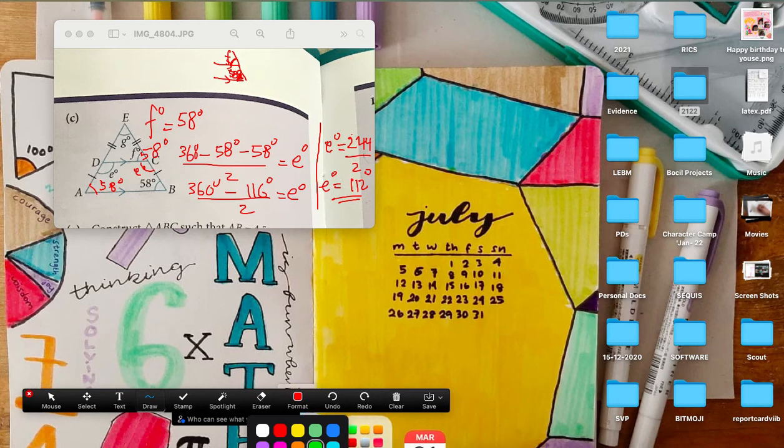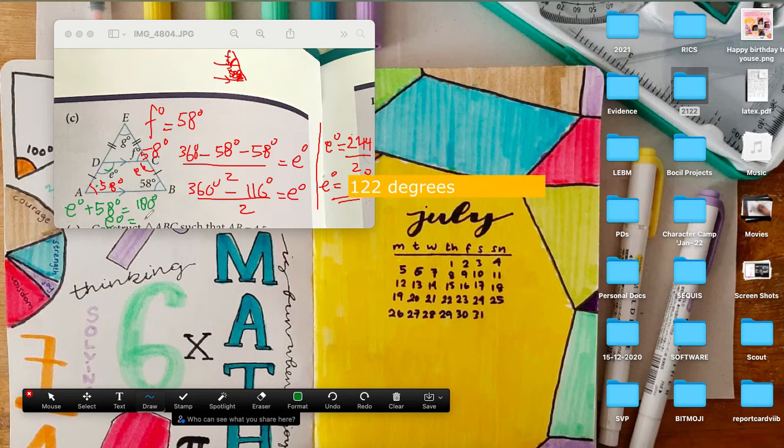So the way I'm checking is I realize that I'm having two interior angles, I mean two angles that are interior. So then we're having E degrees plus 58 degrees equals 180 degrees. So then E degrees equals 180 minus 58. Then yeah, it is 122 degrees.